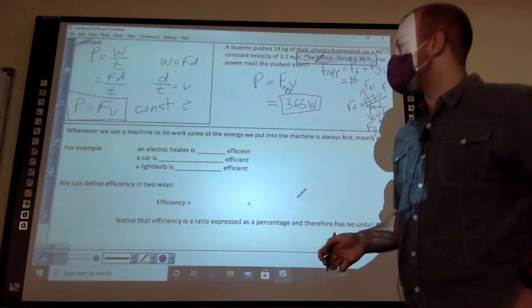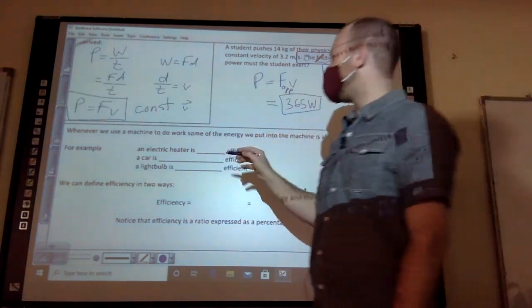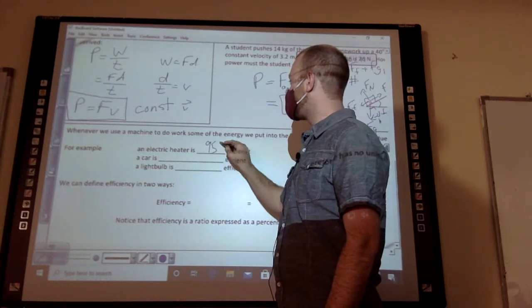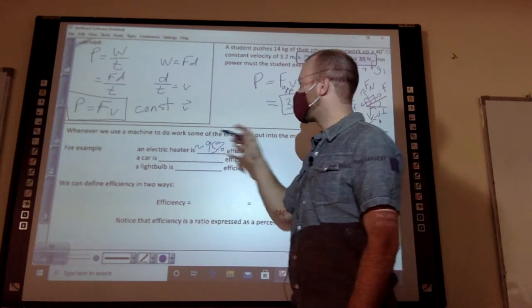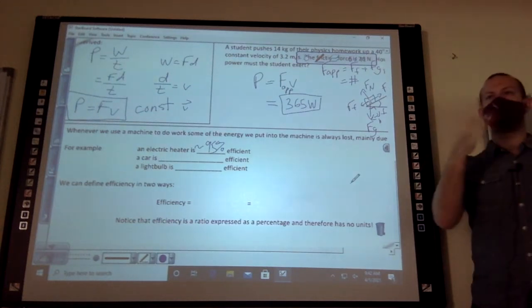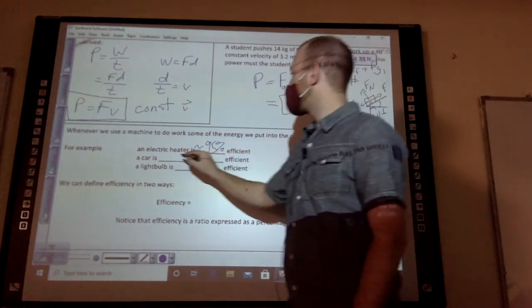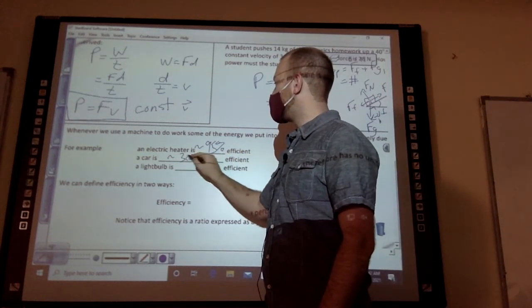So for some examples, an electric heater is about 95% efficient, meaning 95% of the input comes out as your output, the heat that you get out of it. A car, approximately 30%.